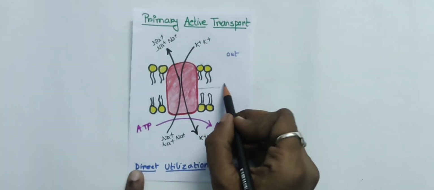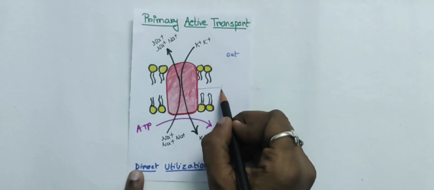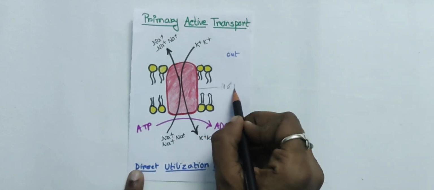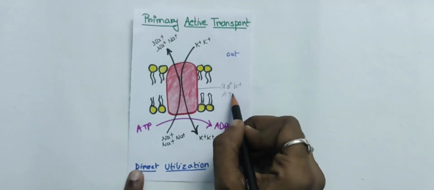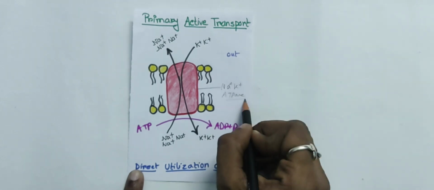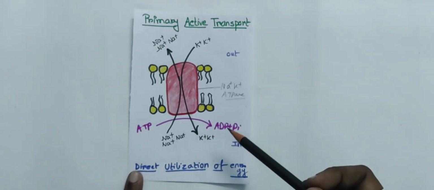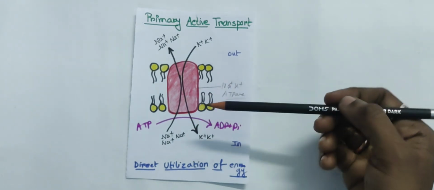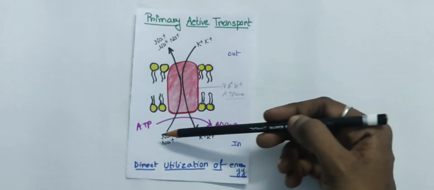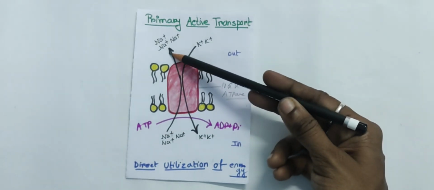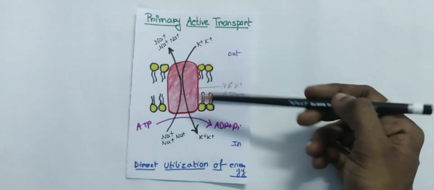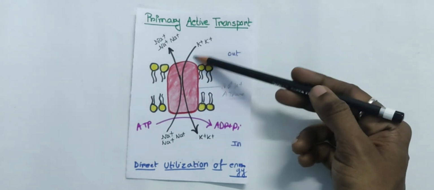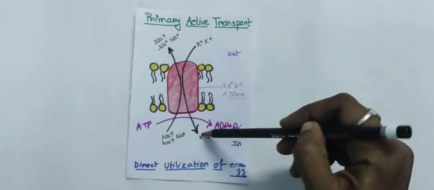This channel we can say is a sodium potassium ATPase. It is a protein that pumps out the sodium to the outside, and at the same time it pumps in the potassium at the inner side. How is it possible?